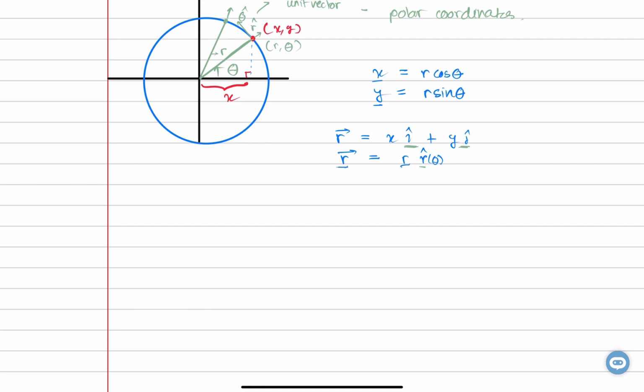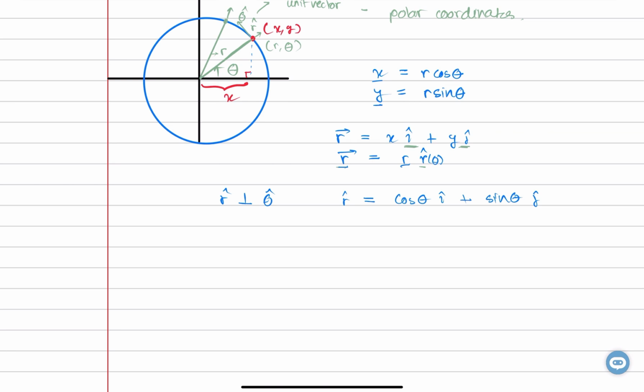Well, notice that the vector r cap is perpendicular to the vector theta cap, and the vector r cap is given by cos theta i hat plus sine theta j hat. How do I know this?